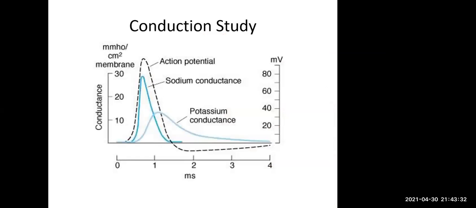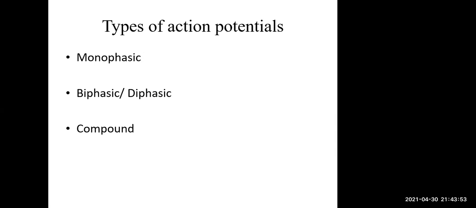Now based on this, if you look at this diagram, you can see the action potential, then the sodium conductance, the movement of sodium ions, and then the potassium conductance. Potassium conductance is slow and of longer duration. That's why there's hyperpolarization. So this is the recording of the action potential, the ionic basis of the action potential.